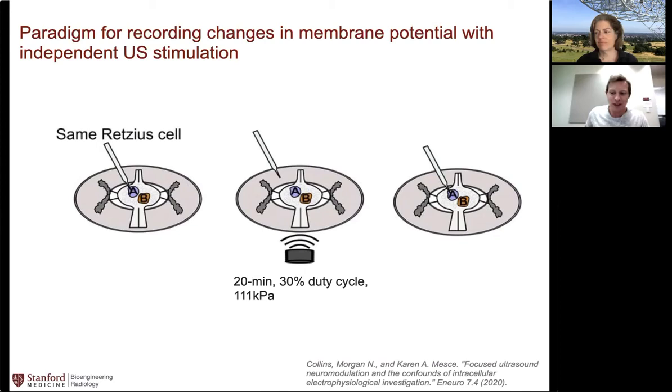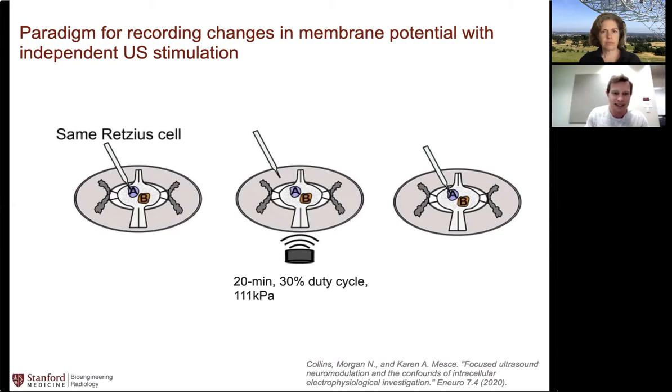One way to more directly examine whether or not the electrode moving from the ultrasound is responsible for the cell's response is to remove the electrode during the ultrasonic stimulation, because in this way, the electrode can't move within the cell because it's just not there.